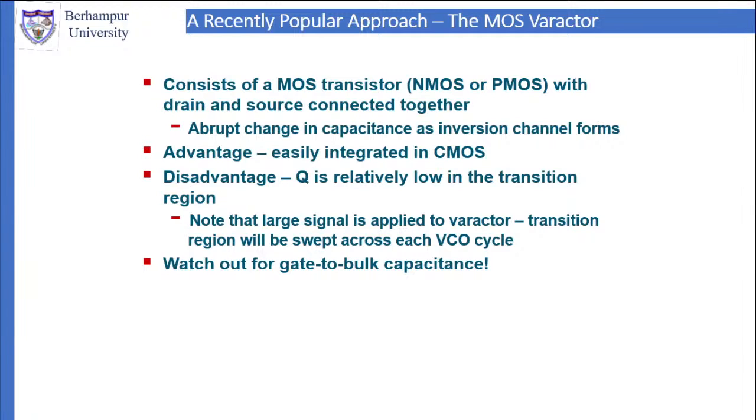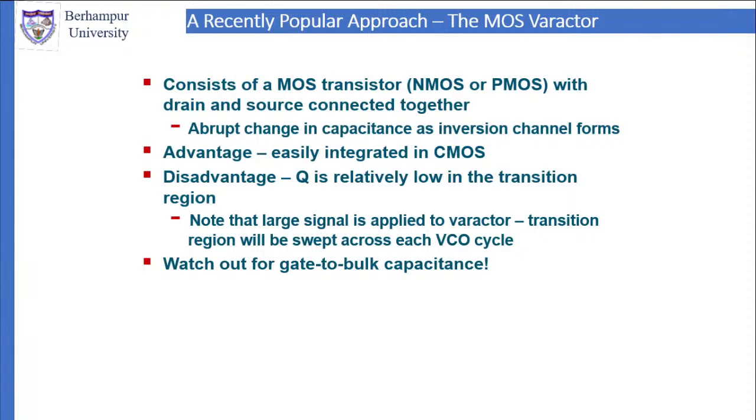So we were here at a recent approach, which is the MOS varactor. It consists of a MOS transistor, NMOS or PMOS, with drain and source connected together. Once you connect drain and source together, then this connection with the gate acts as a diode.